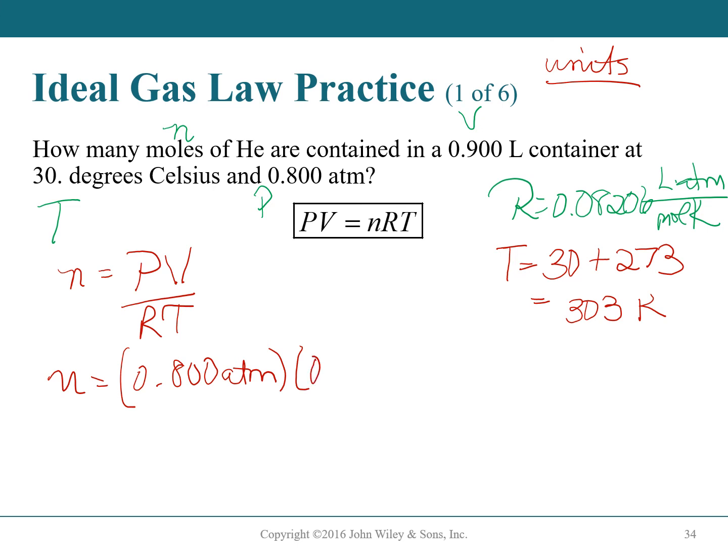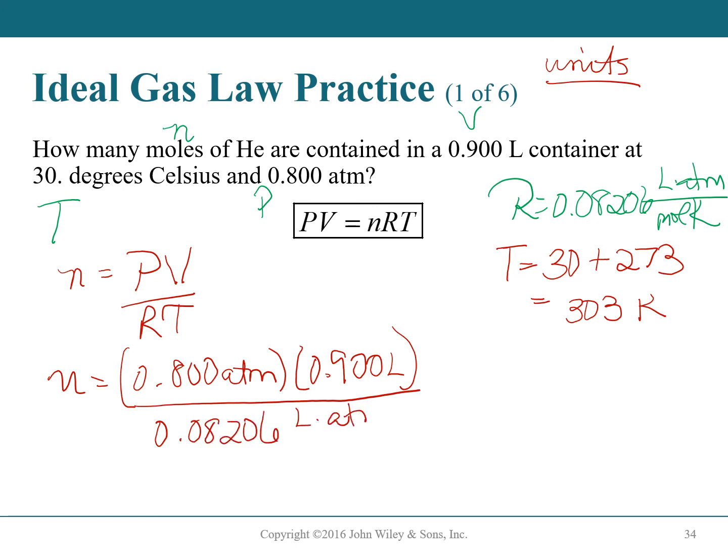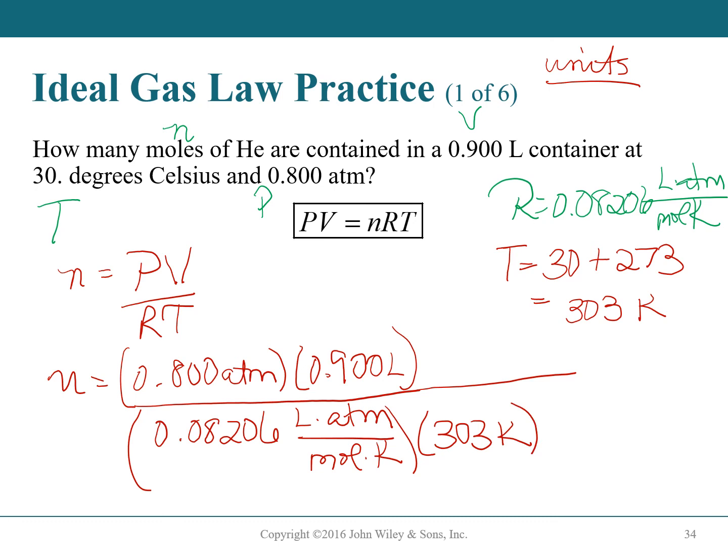The volume here is, as mentioned, in liters. R is 0.08206 liter atmospheres per mole Kelvin. And our temperature is now 303 degrees Kelvin.